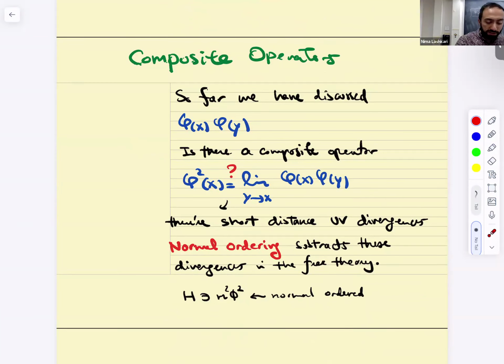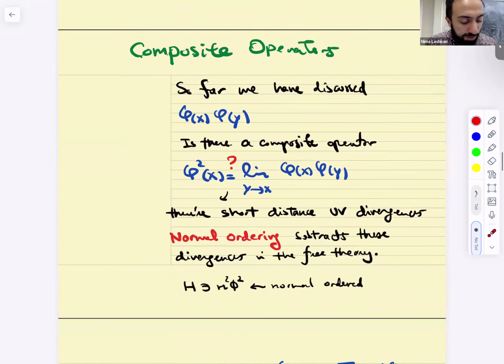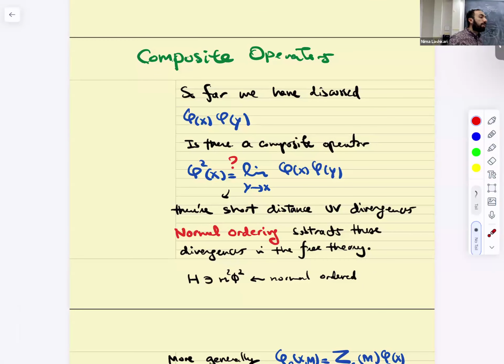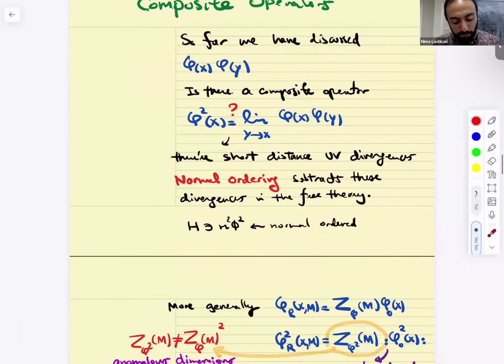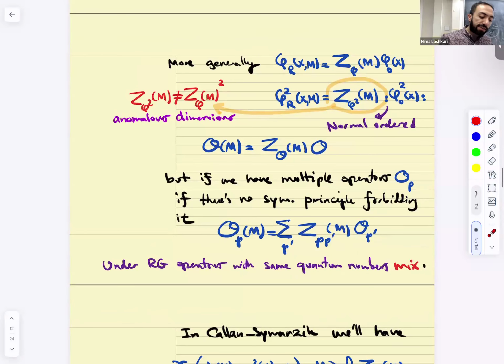We said that the S matrix also satisfies a similar equation, because it has to be independent under these renormalization transformations. We talked about composite operators, how normal ordering was a way to define composite operators in Gaussian theory. And we said in general, in perturbation theory, composite operators, as you do the renormalization group, need not have their canonical dimensions.